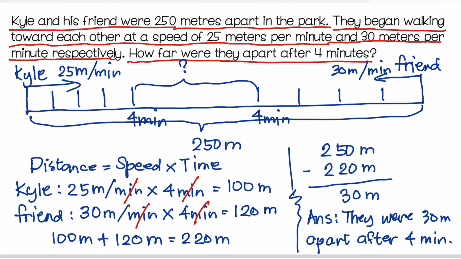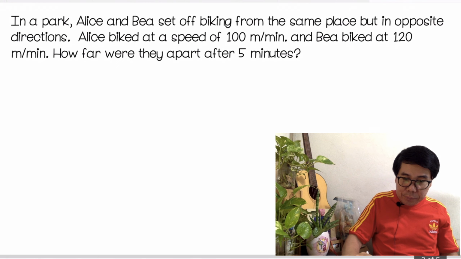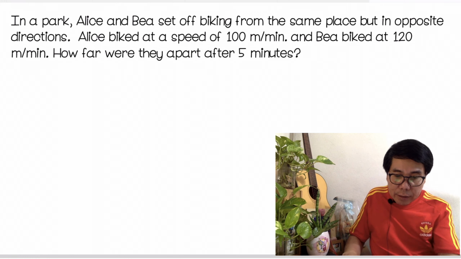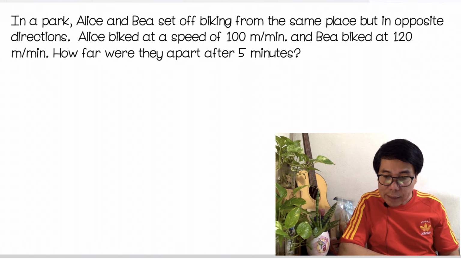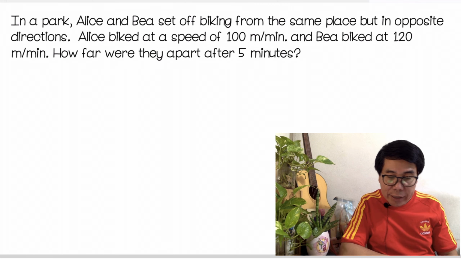Let's proceed to problem number 2. In a park, Alice and Bea set off biking from the same place but in opposite directions. Alice biked at a speed of 100 meters per minute and Bea biked at 120 meters per minute.